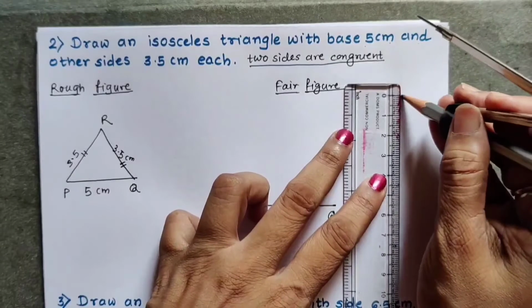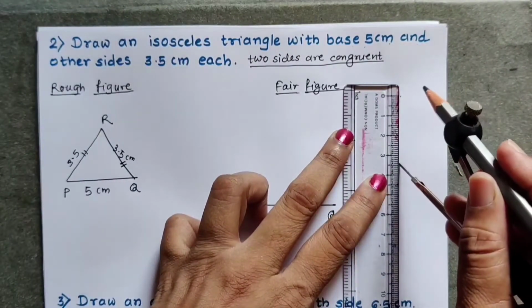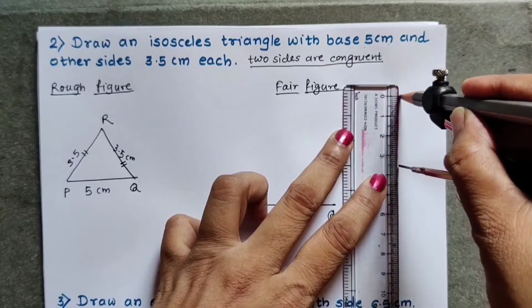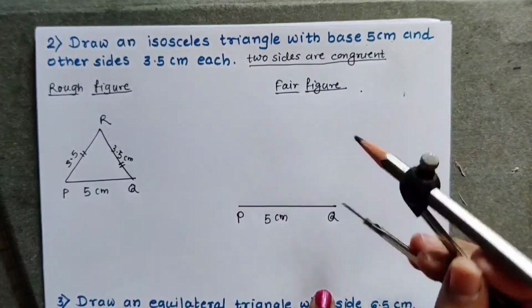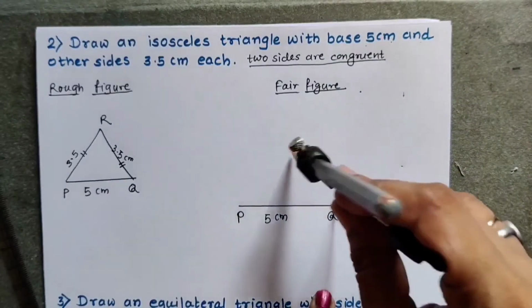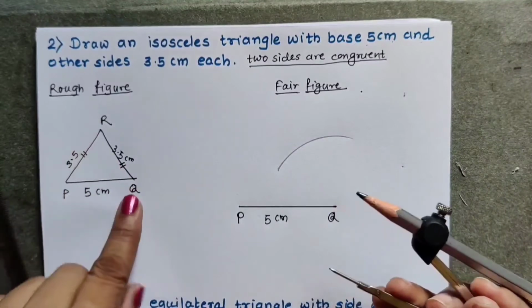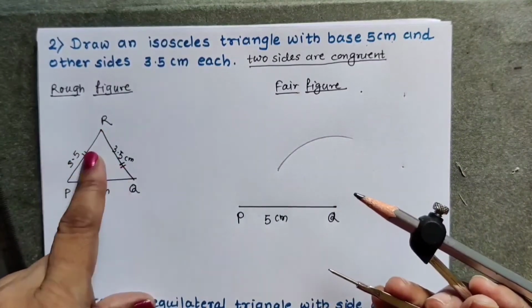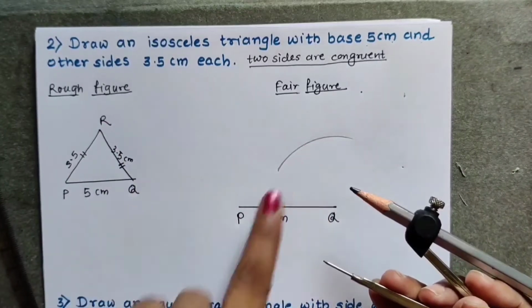From 0 till 3.5 we will be taking the radius. Now place this pointer on point Q and draw one arc. RQ is 3.5, so from Q we have drawn an arc at 3.5 cm distance.